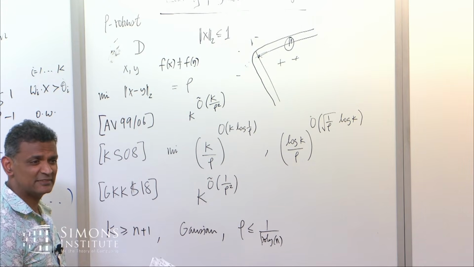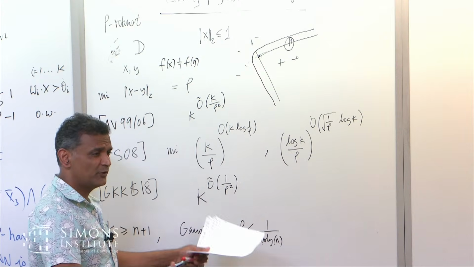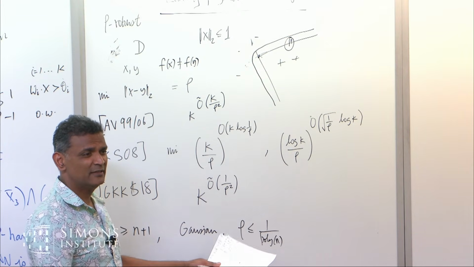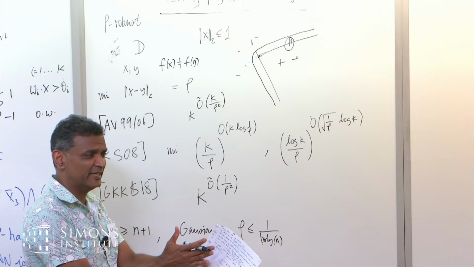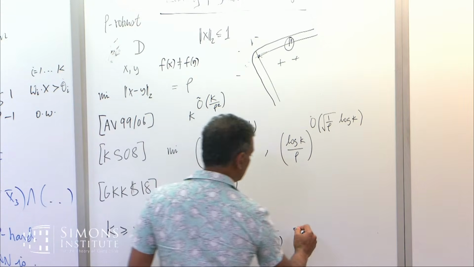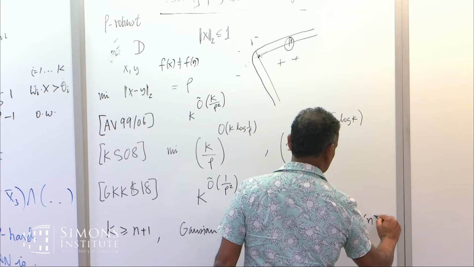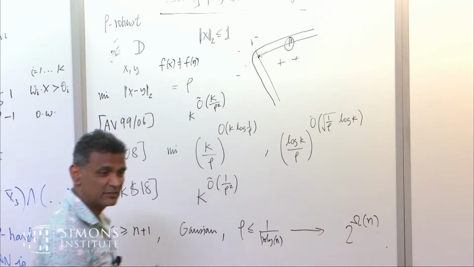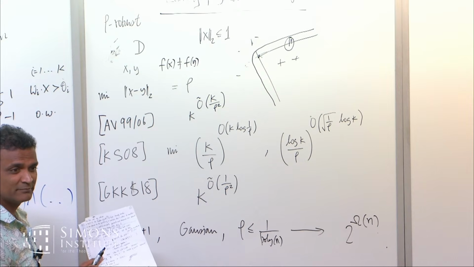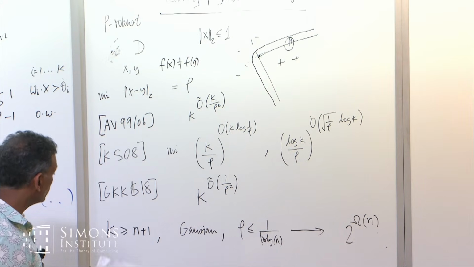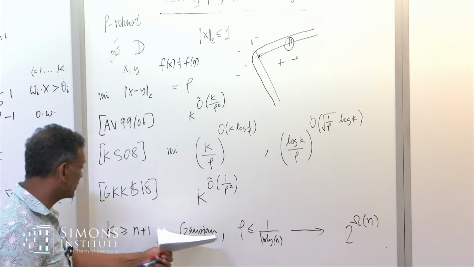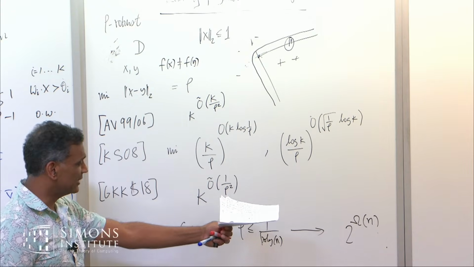So this is a typical setting that will show up. You have at least dimension number of planes, and your margin is 1 over poly n. In these cases, these algorithms are all 2 to the omega n, or worse. They're exponential time algorithms. Right, so we don't know how to learn a polytope over a Gaussian distribution better than exponential time.